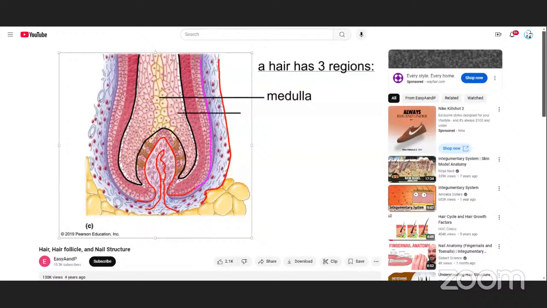Outside of that, the cells are more tightly packed together. That's called the cortex. And then outside of the cortex, this white area is what's known as the cuticle. And the cuticle is highly keratinized, flat cells that kind of lay like shingles on a roof. The cuticle encases the entire hair.